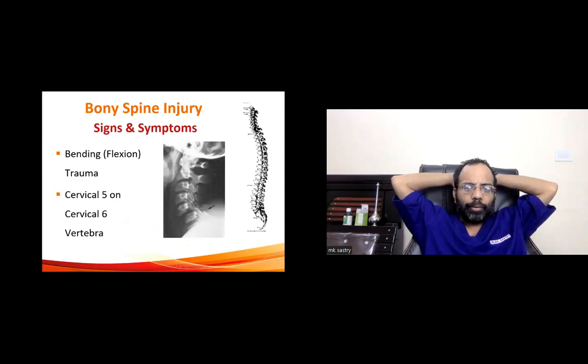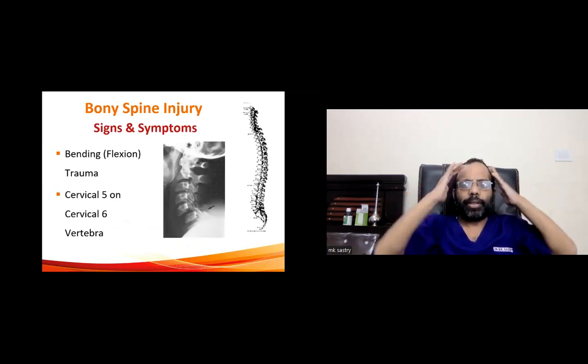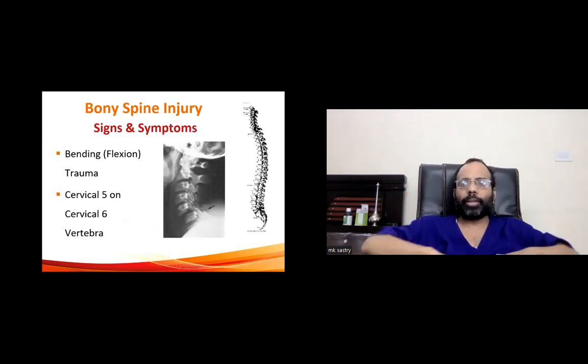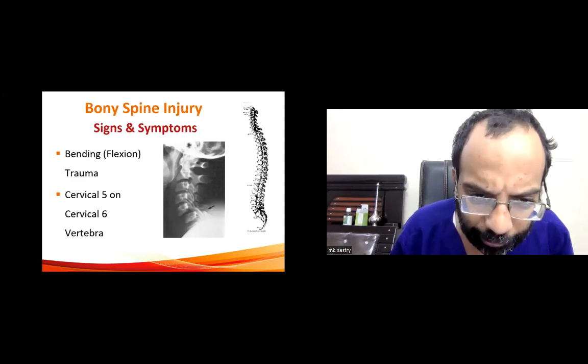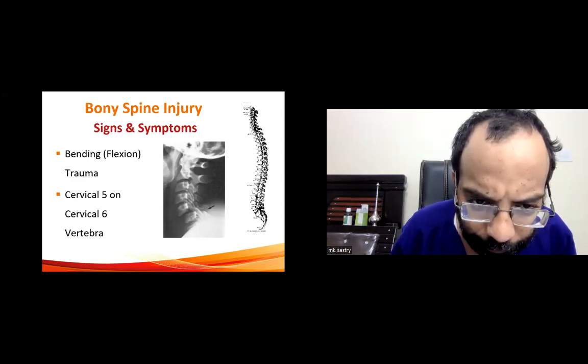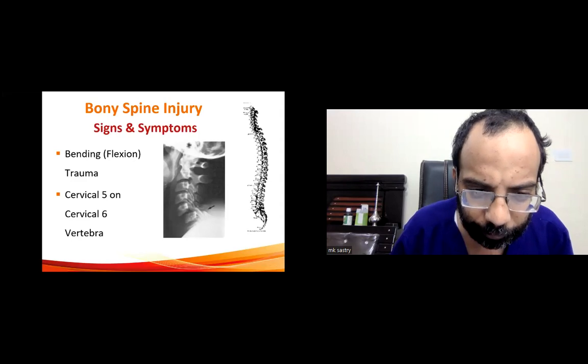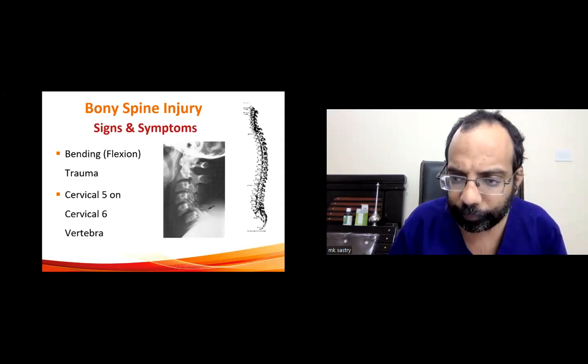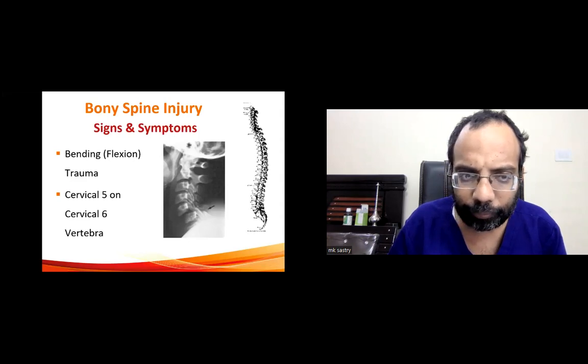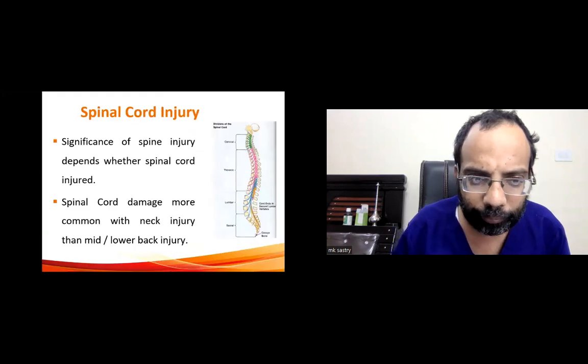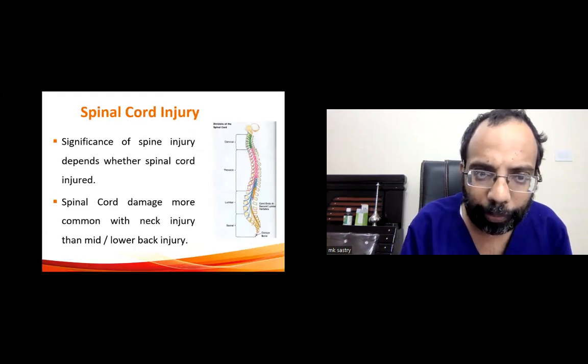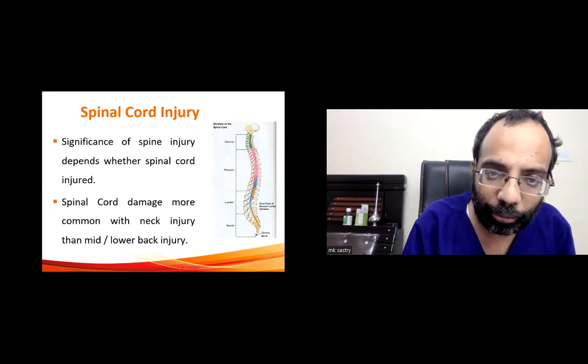Generally, trauma happens at cervical 5 and cervical 6. It leads to quadriplegia, right? It leads to what? Lack of movement in both upper and lower limbs. It depends on spinal cord injury, whether the spinal cord is injured or not injured.